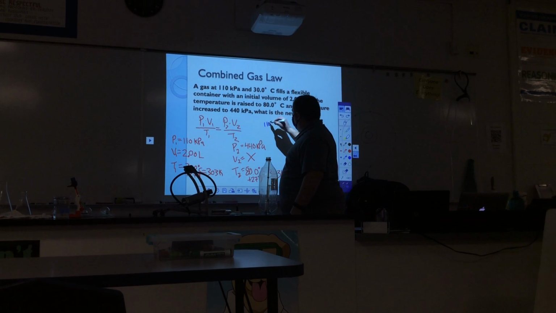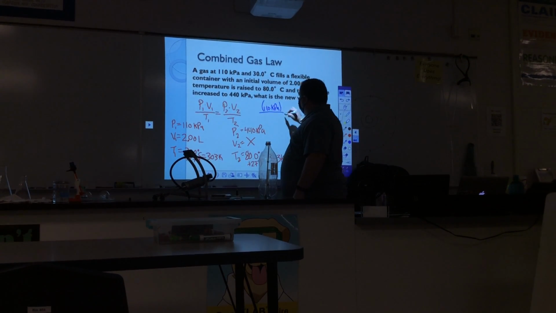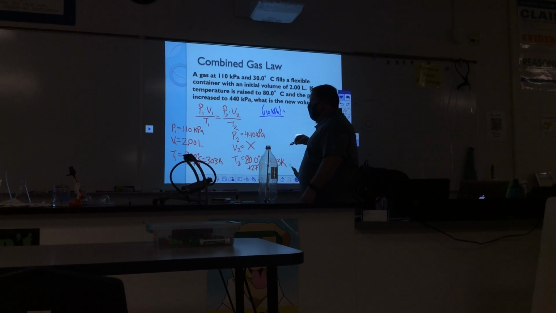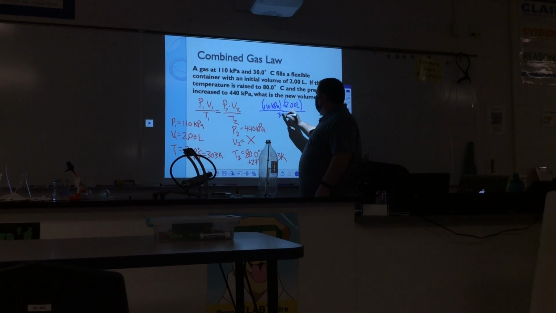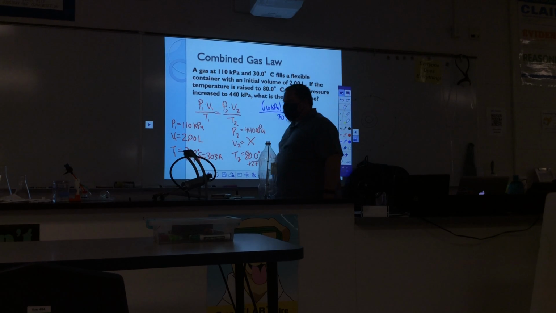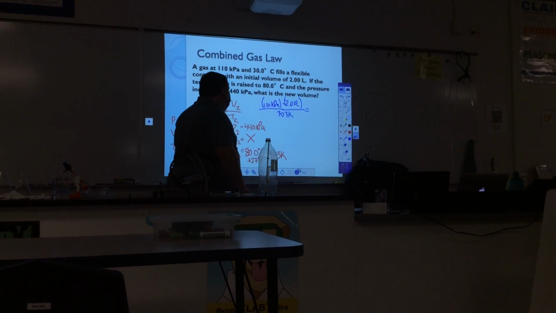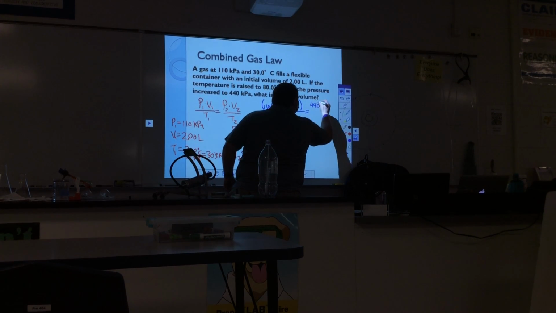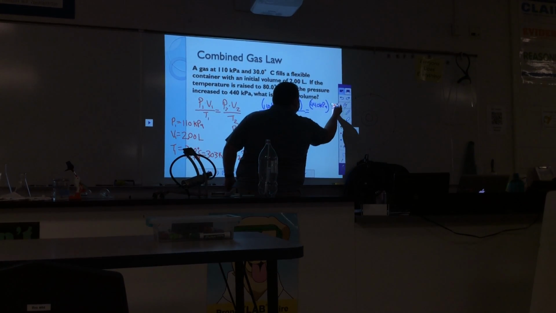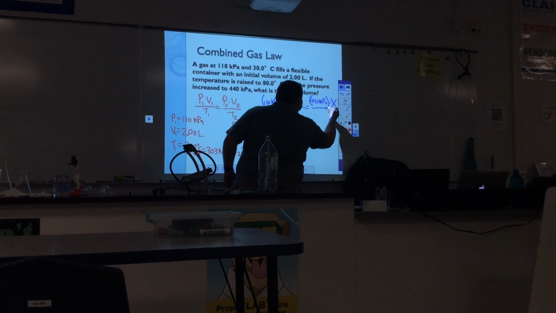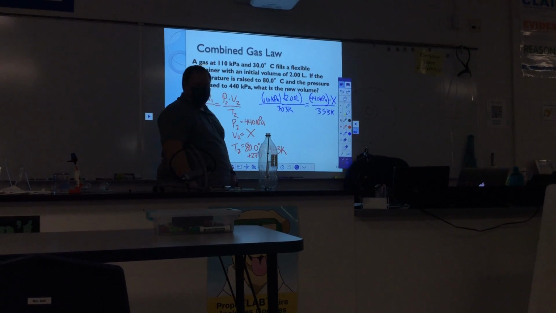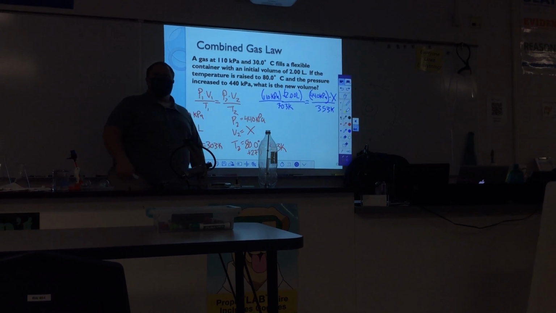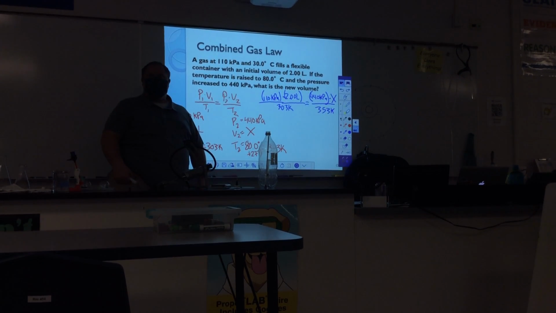P1, 110 kilopascals, times V1, 2.00 liters, divided by T1, 303 Kelvin, equals P2, 440 kilopascals, times V2, don't know, X, divided by T2, 353 Kelvin. We good? Solve for X.